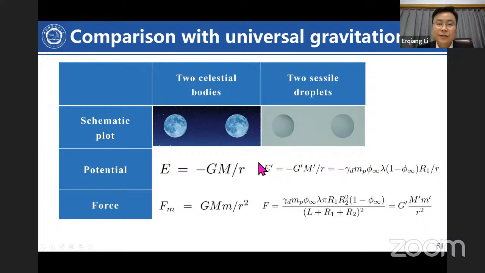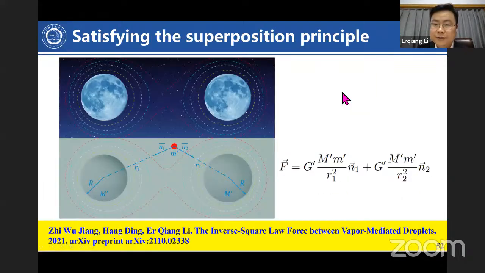The last, we show that it also satisfies the superposition principle, but we should mention that for gravity, there is no limit for that equation, because in real space, there is no limit to how much mass it can sustain, right? But in our system, for humidity, it cannot exceed 1, right?